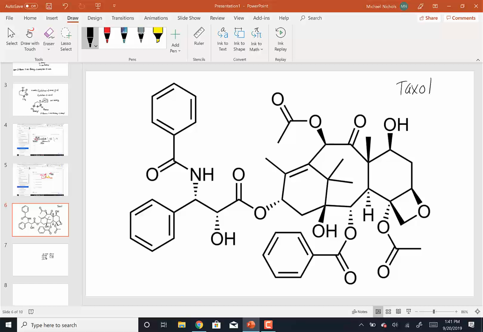And this is an anti-tumor drug. When I first started teaching 27 years ago, it was in clinical trials for, I believe, ovarian cancer. It's now become used in other treatments of cancer.